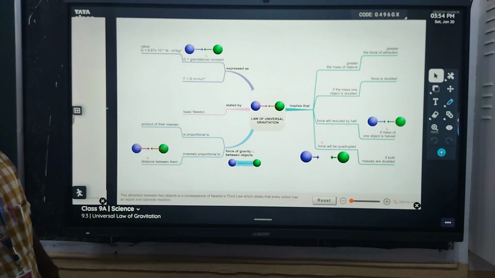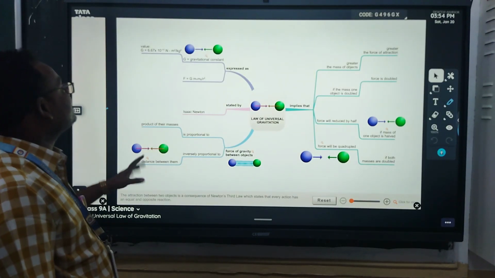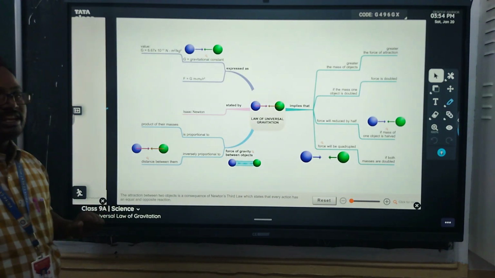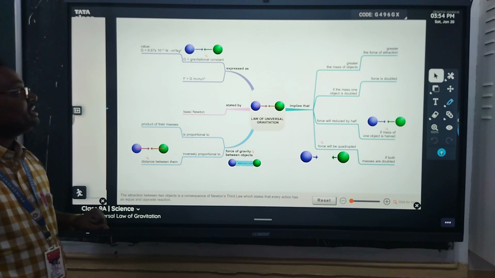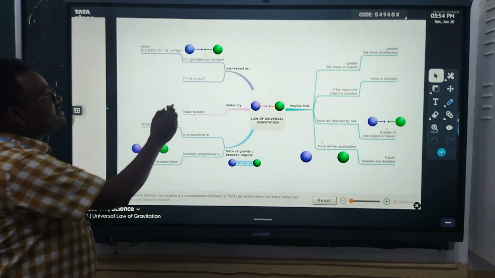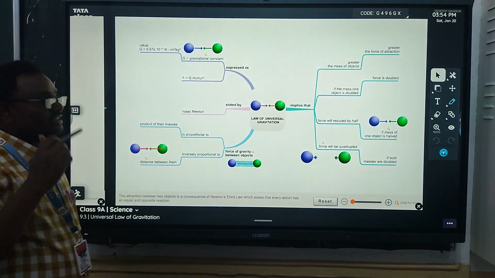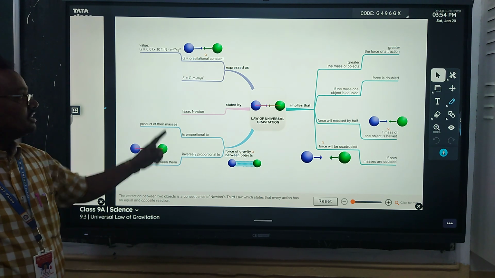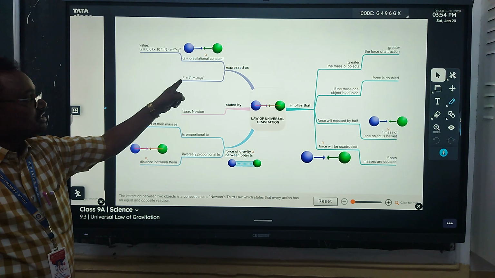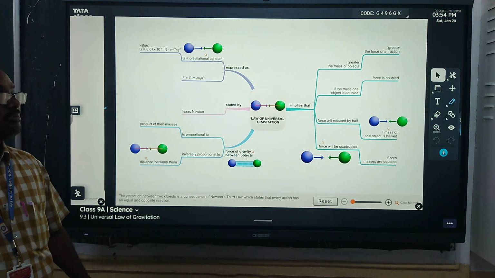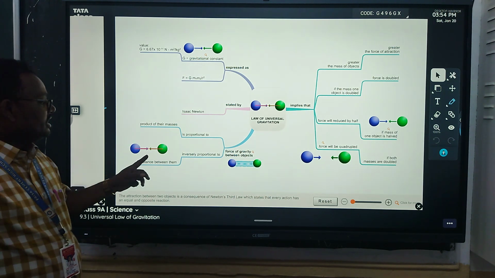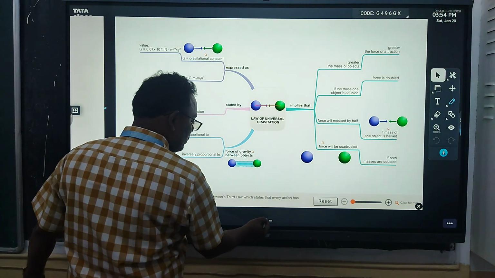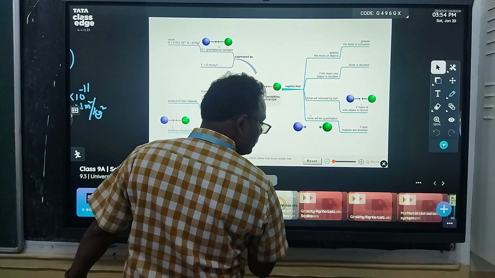Here is some recapitulation: the G value is 6.67 into 10 to the power of minus 11 Newton meter square by kg square, and this capital G you can take as the universal gravitational constant. F is equal to G m1 m2 by r square, the universal gravitational force, and it depends on the distance and the masses.